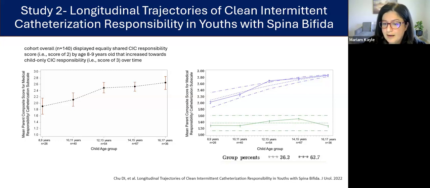Now, the question comes up, what's the difference between those groups, and can we at least try to understand why that green group remains low on that scale?